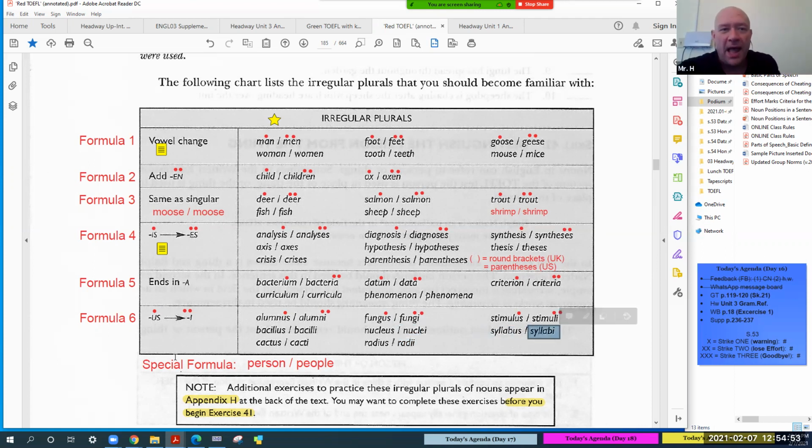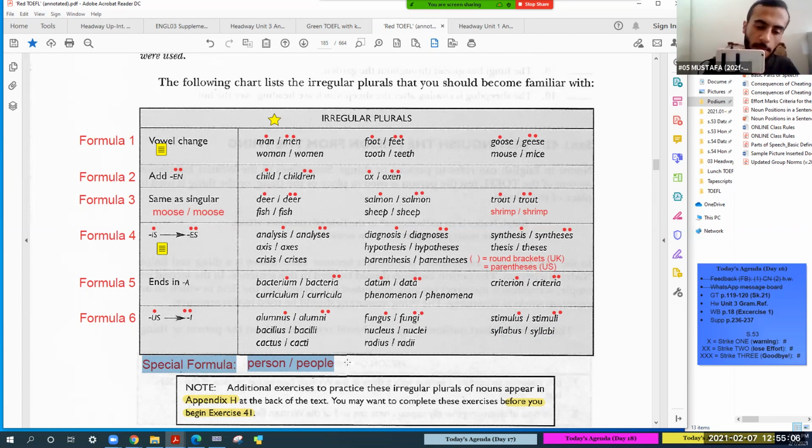Okay. Now, everybody look at the bottom. There is one special formula here. Do you see the special formula? What's the special formula? Person, people. One person, 10 people.